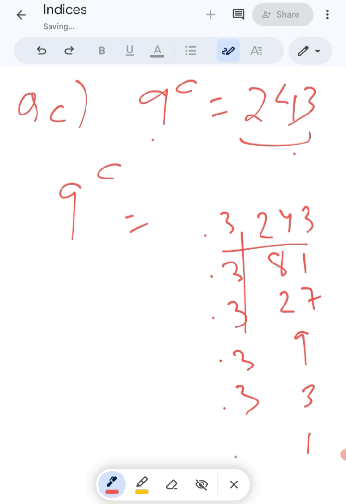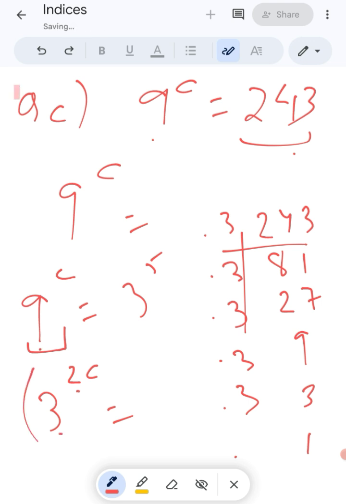It's coming to the power of 3 right now, right? And what am I going to do in this case then? I can write it as 3 raised to the power 5. Okay, so if I've written 3 raised to the power 5, that means 243. This means I need to put this side also as a power of 3, right? So that becomes 3 raised to the power 2c. How do you get 2c? Because I know that 3 square is your 9. So I wrote that in place of my 9 first. 3 square, and then 2 is going to be multiplied with the c. Now 2c is equal to 5, and c is equal to 5 upon 2 as your answer.